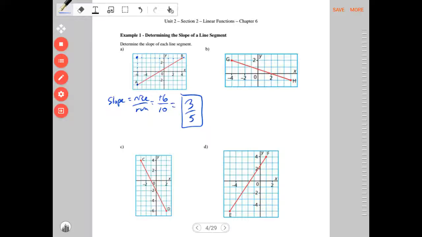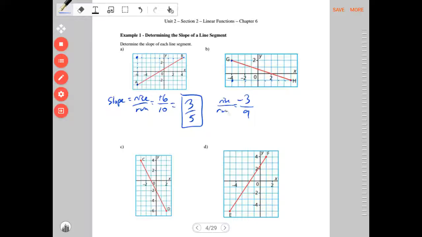So in B, if we have a quick look at this, if we start at G, we go down 1, 2, 3 units. Oh, okay, so that's negative 3. That's the rise. And then the run is 1, 2, 3, 4, 5, 6, 7, 8, 9.